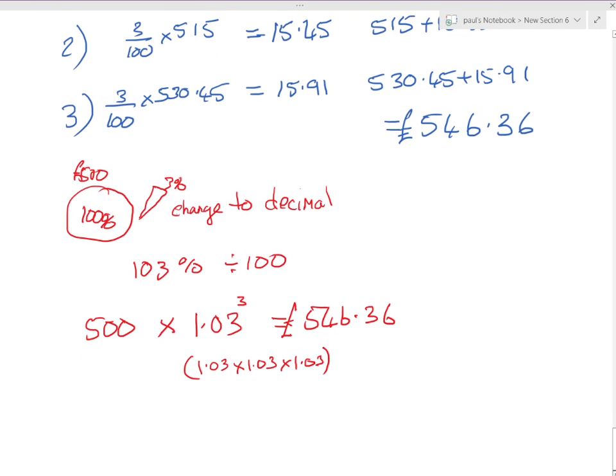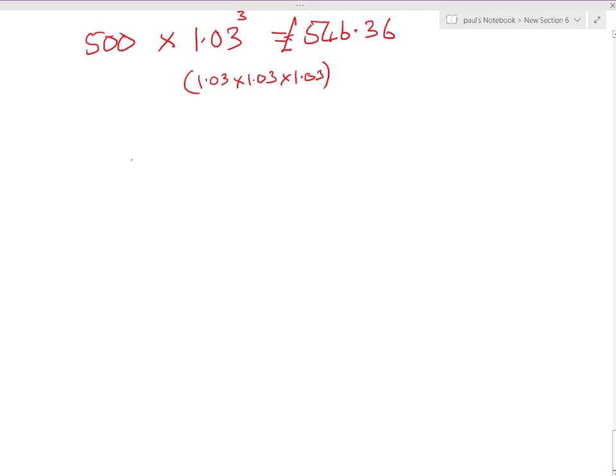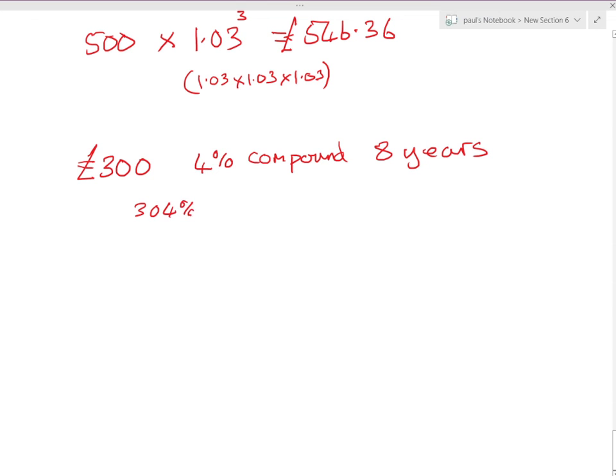So let's just do another little one there for you. So we're going to put £300 in the bank at 4% compound interest for 8 years. So we know that it's 304%, so it's 304%. So divide that by 100, gives us, it's not 304%, is it? Bonkers.